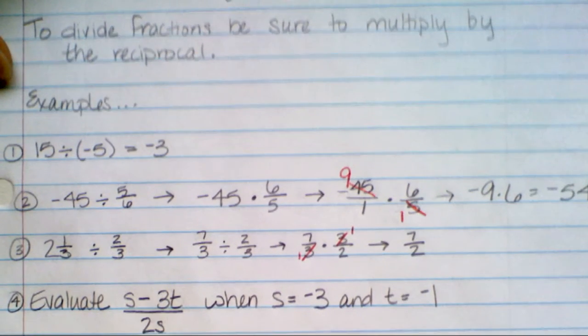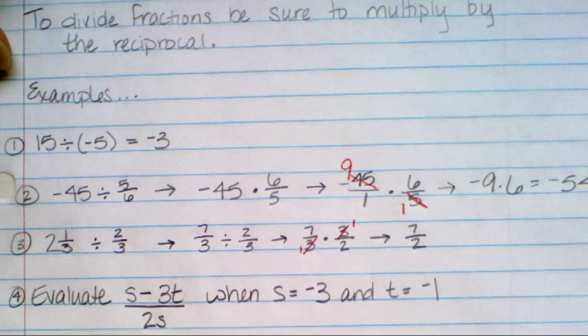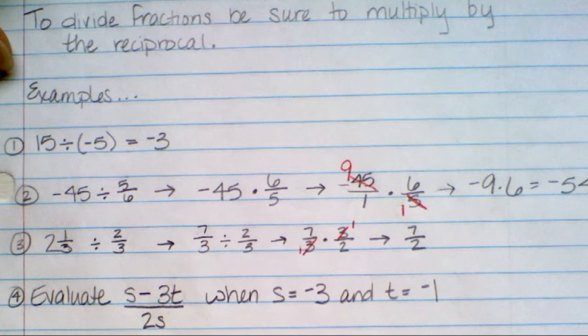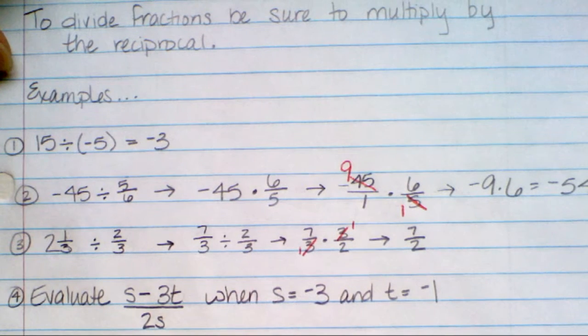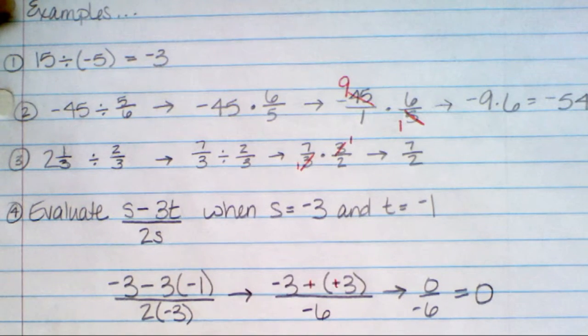Now, we are talking about division and variables, and so if we evaluate this expression, s minus 3t divided by 2s, I'm going to plug in negative 3 for s and negative 1 for t. So then when I substitute those in, I follow my order of operations.